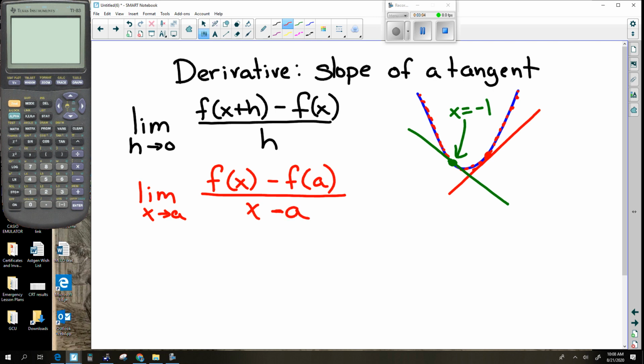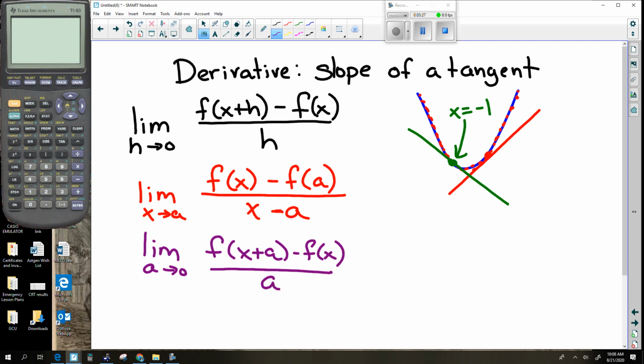Okay, that is another basic equation, or another version of the top one would be, as a goes to 0, of f of x plus a minus f of x all over a, at a very specific point.